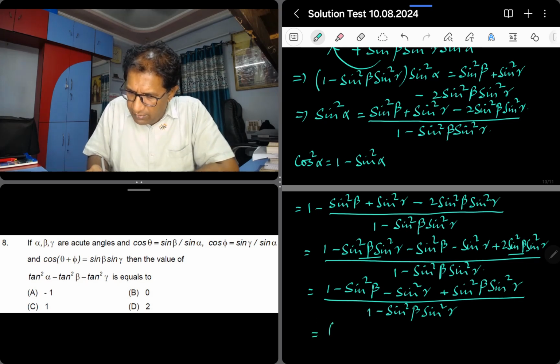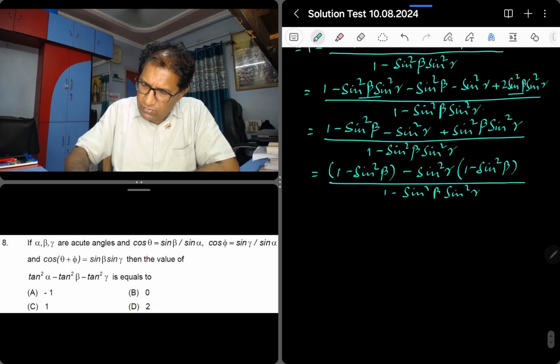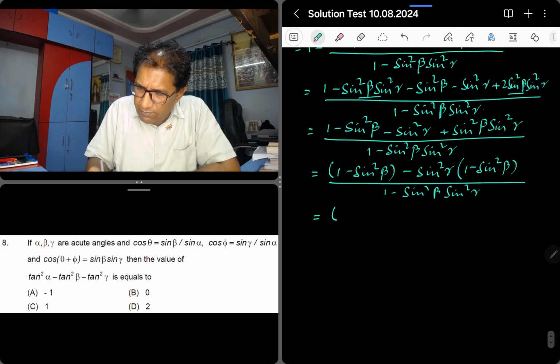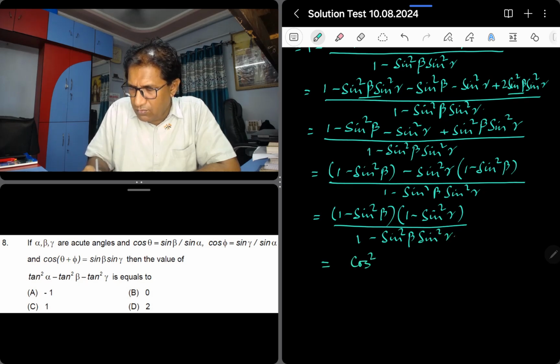So now if we just factorize this, so we are having 1 minus sine square beta, 1 minus sine square gamma divided by 1 minus sine square beta sine square gamma. So that is basically cos square beta into cos square gamma divided by 1 minus sine square beta sine square gamma.